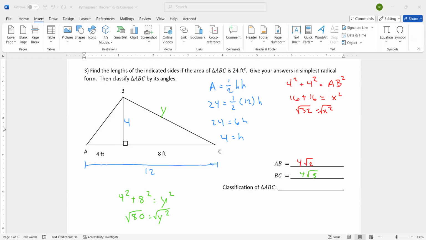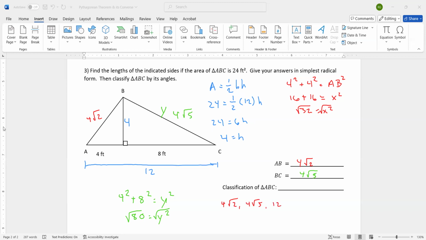Now, this can be a little tricky here. So AB is 4 radical 2. BC is 4 radical 5. And AC is 12. So I've got my 3 side lengths are 4 radical 2, 4 radical 5, and 12.